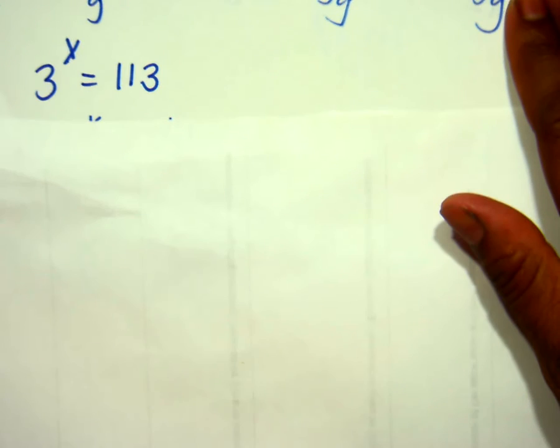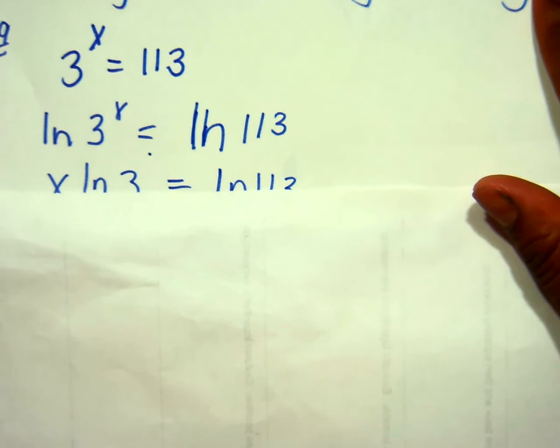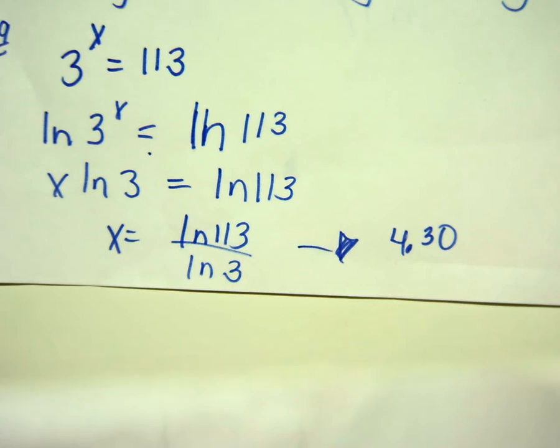Now with number 9. This is a little tricky, so make sure you have your calculator handy. With this particular one, we want to solve what the exponent x is. The first step you do is take the natural log of both sides of the equation.